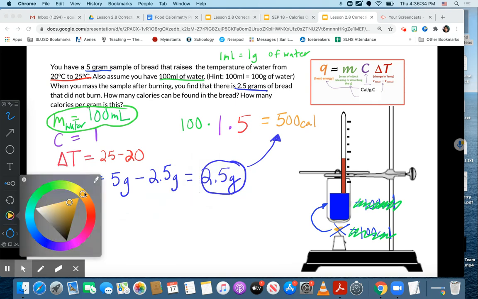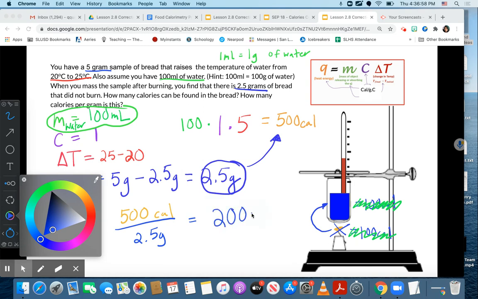Mathematically, that would just be 500 calories divided by 2.5 grams. You can use a calculator if you would like. That is going to be 200 lowercase c calories per gram.